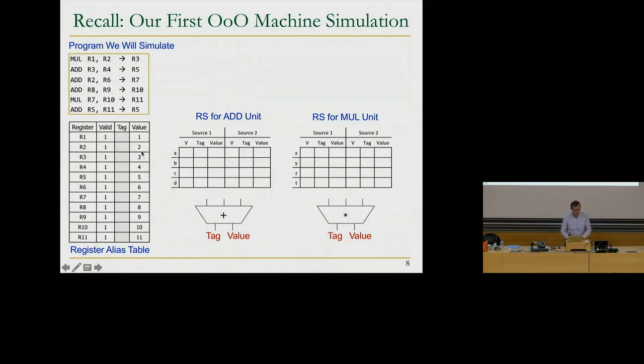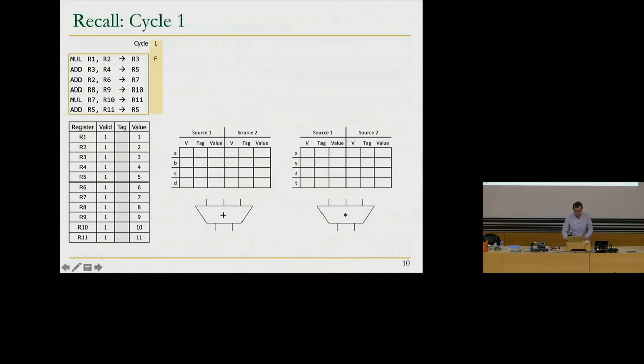Remember, this is the register alias table that we use for renaming. Renaming is important. Whenever an instruction gets renamed, you associate a tag with the destination register such that the dependent instructions know which value they should wait for. For example, this instruction multiply, if you recall, we renamed it in cycle 2.